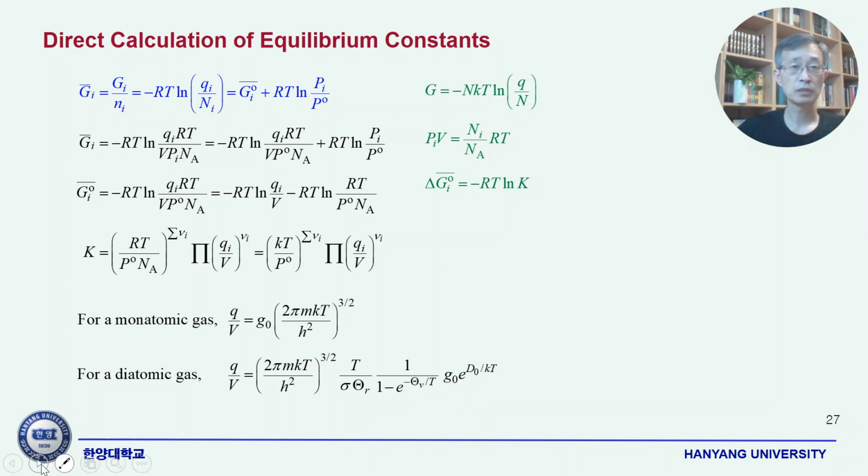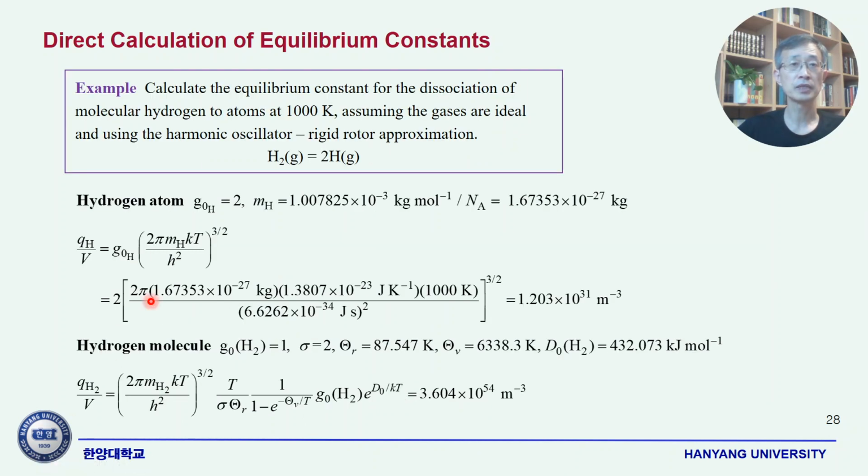Okay, so our example for that is this equation, this simple reaction. Hydrogen gas decomposes into hydrogen atoms at the temperature 1000 K, and for the hydrogen molecule we just use the harmonic oscillator and rigid rotor approximation.